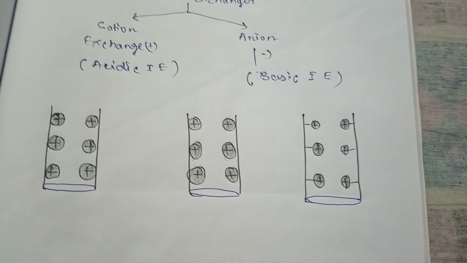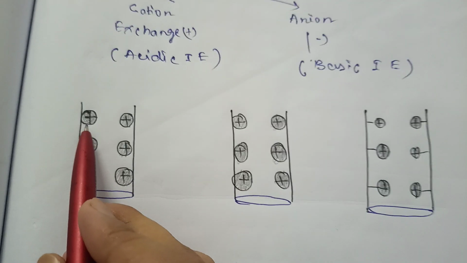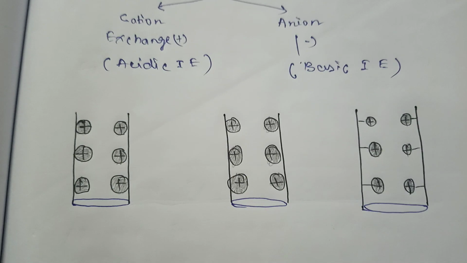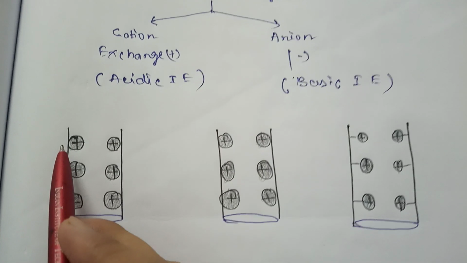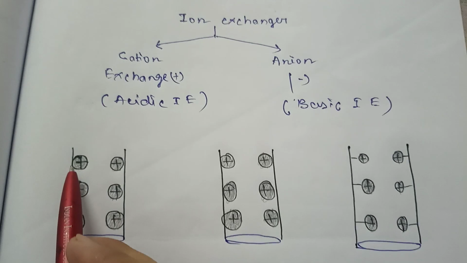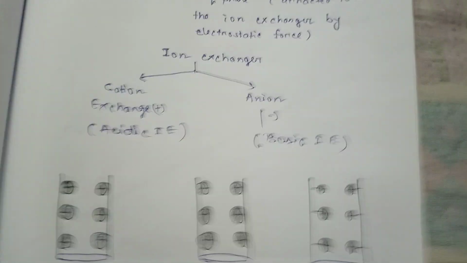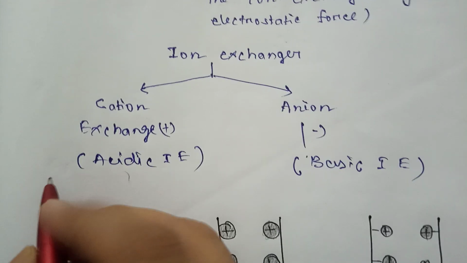In this diagram you can see a column, and you can see the plus sign. This denotes a cation. There is the insoluble matrix, and that is attached with cations. So it will be an anion exchanger. Why? I am telling you why.